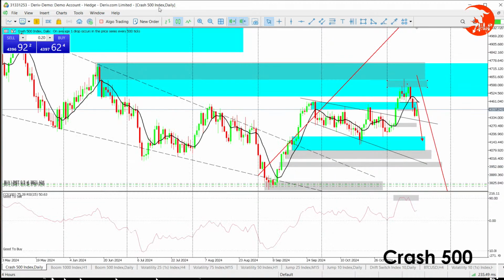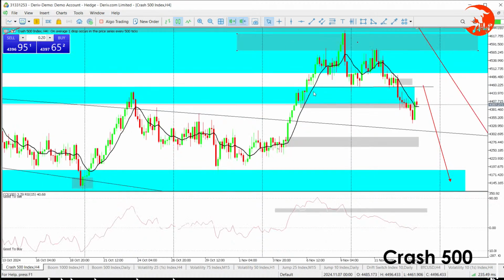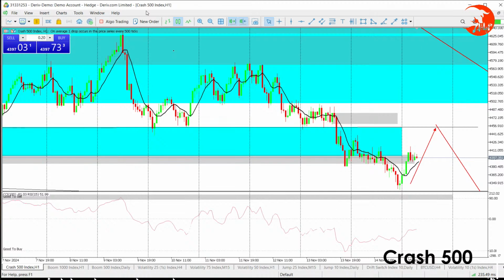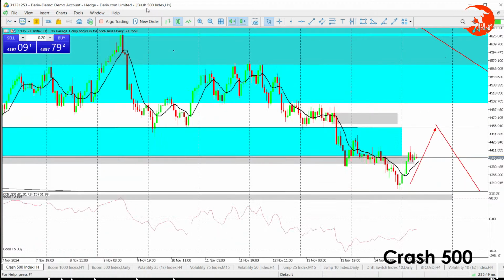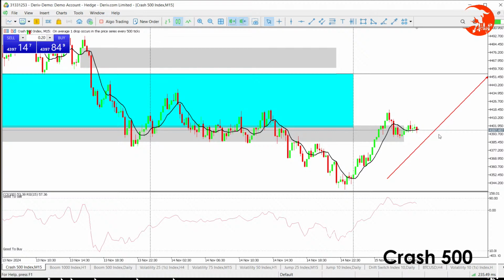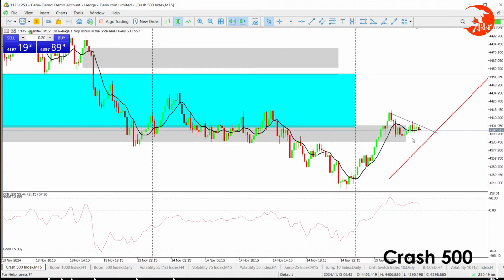Going back to daily, I'll be looking for that kind of move to bring me back there, and then I can come into sales. So what do we do if we go to H4? We are seeing some retest candle. On H1, there's a consolidation ongoing. So if I go to M15, I can now try to look for how I will make my entries.